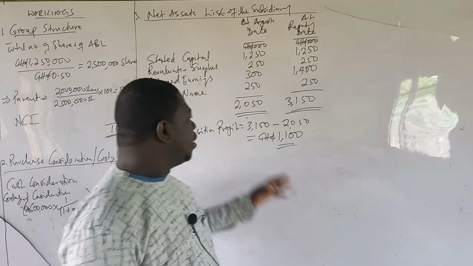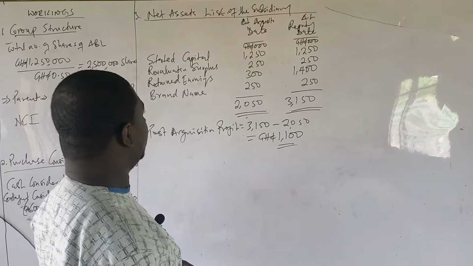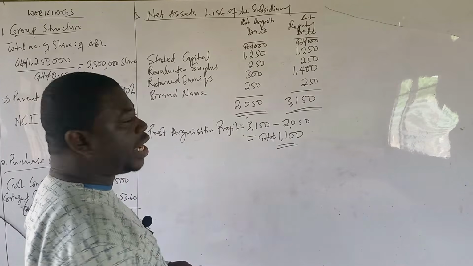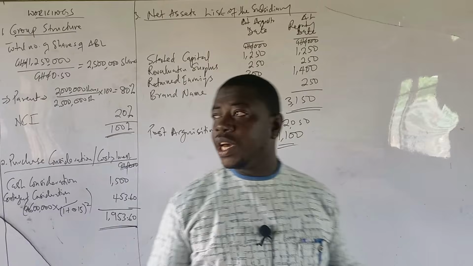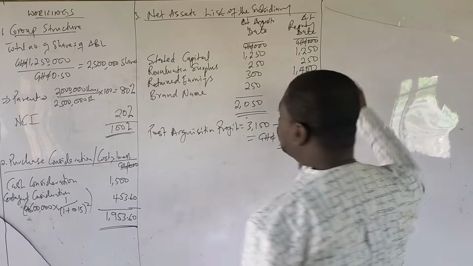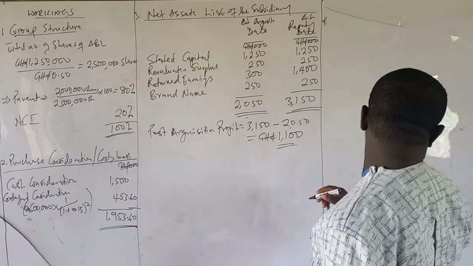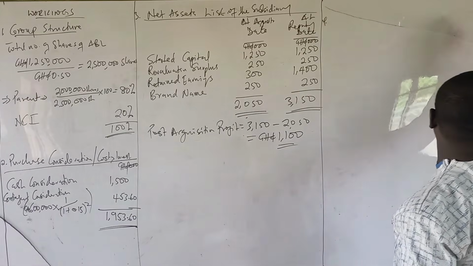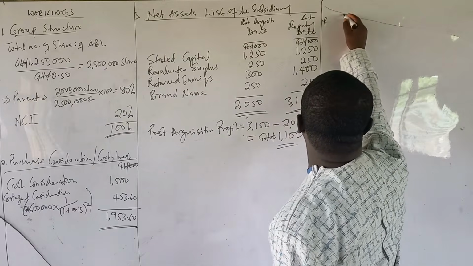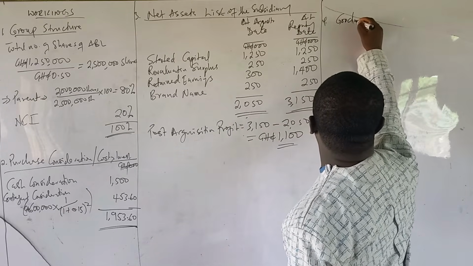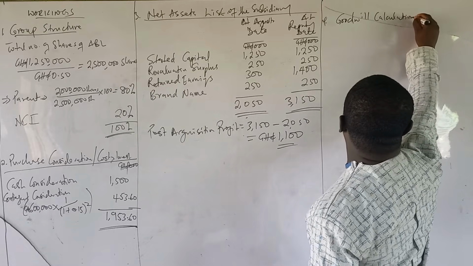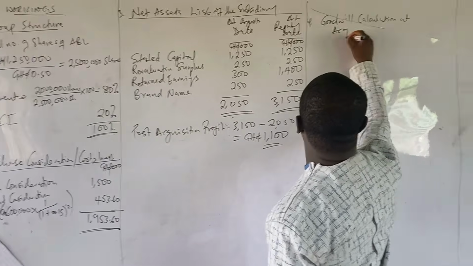So having been able to get the post-acquisition profit, the next thing we can focus on now is to calculate the goodwill at acquisition date. Then we move to other things. So working number 4. Working number 4 will be goodwill calculation at acquisition date.